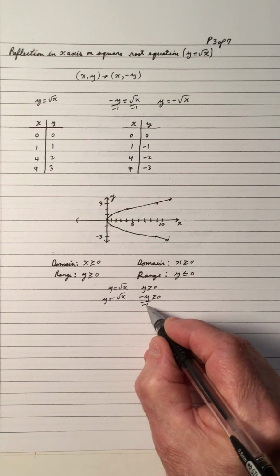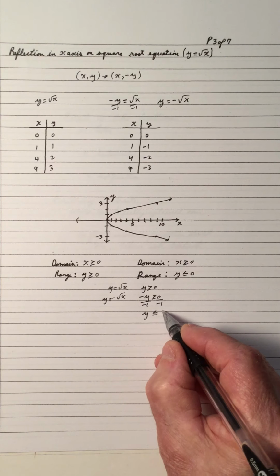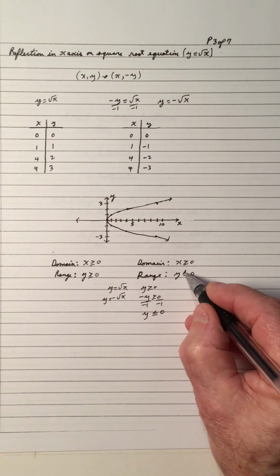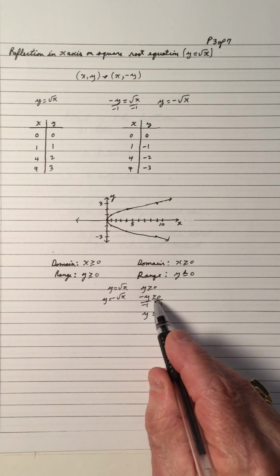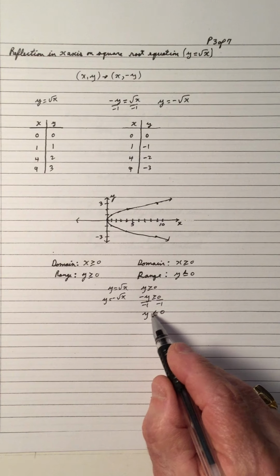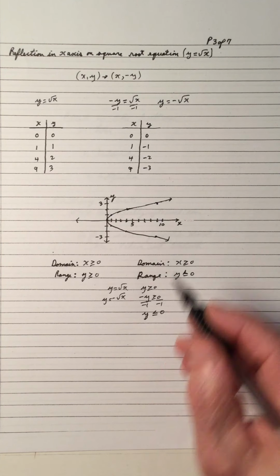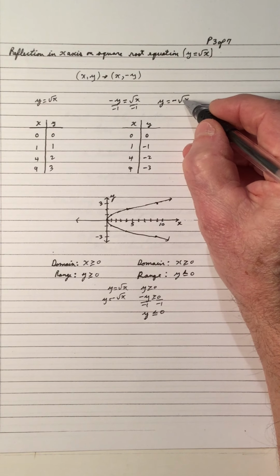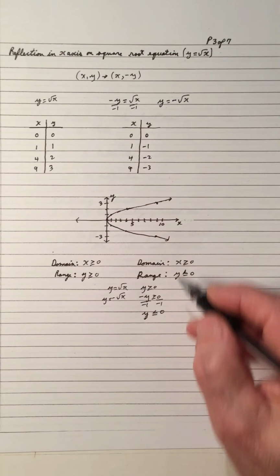And the negative y, you divide by negative 1, so y is less than or equal to 0, which is what we have here. We can see from the graph. When you put negative y is greater than or equal to 0 and solve it, the y values become y is less than or equal to 0. Because you have a negative here, the y values in this equation will always be 0 and less.